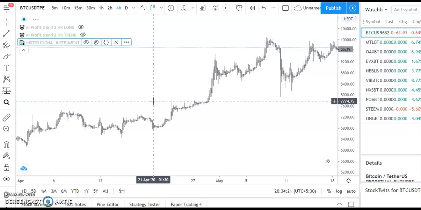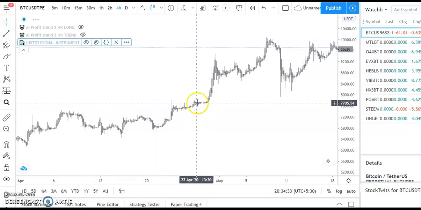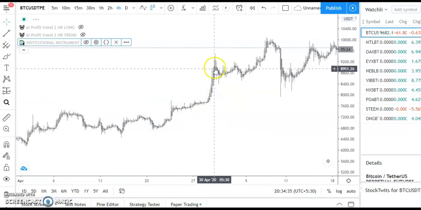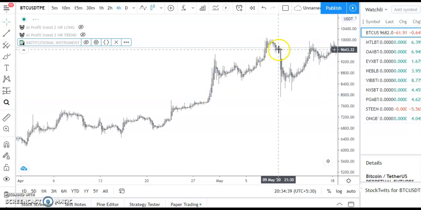Once they start buying and dumping, the price gets affected significantly because of their activity. As you can see, there's a sudden rise of price in a single day, and a sudden drop of price in a single day. All these are called big whale activity.